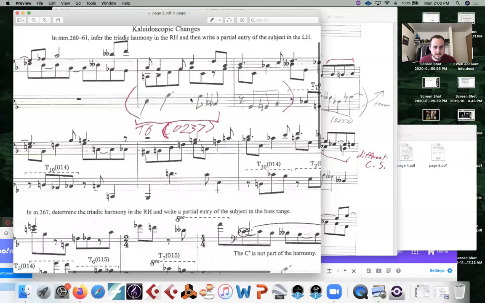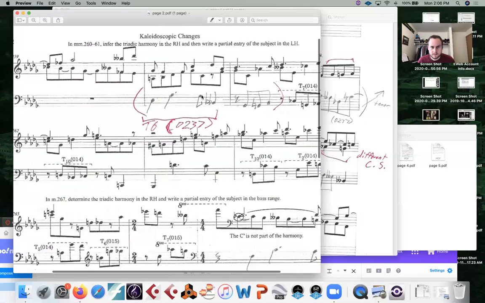In this case, we have our same 0, 2, 3, 7 prime form segment here, and that could be defined as T6 with the G flat. If you were to arrange the intervals from smallest increment to largest increment, you always want to space the largest increment at the top or the right, and the smallest increment at the bottom.